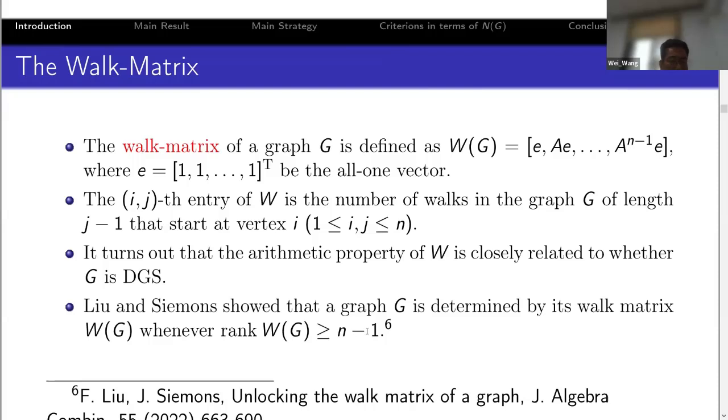But our problem, which graphs are determined by their total number of walks, is in some sense weaker, I think. There, they use W_G to recover the graph, but we just know the information of the sequence of walk numbers. So we want to use this information to recover the graph.